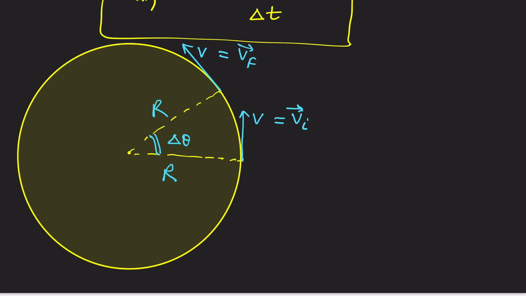Now guys, if you associate the theta with this velocity vector, if you associate this radius with this velocity, and this is 90 degrees, then if this radius has turned by delta theta, we can say this angle will also be delta theta. This is a very simple math. I hope you're getting my point. This angle will also be delta theta.